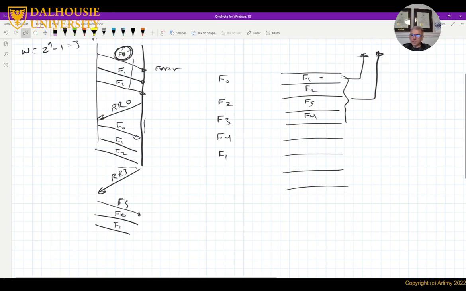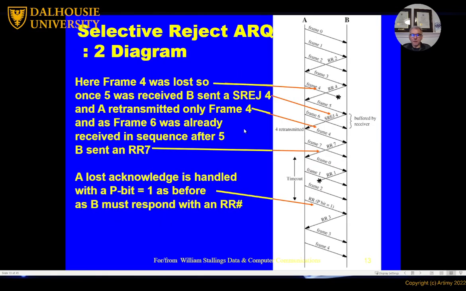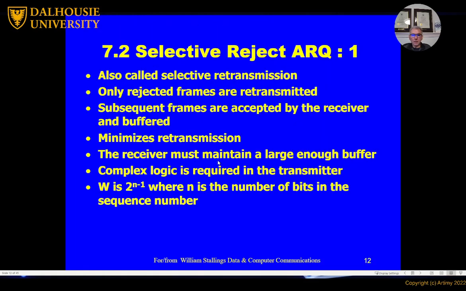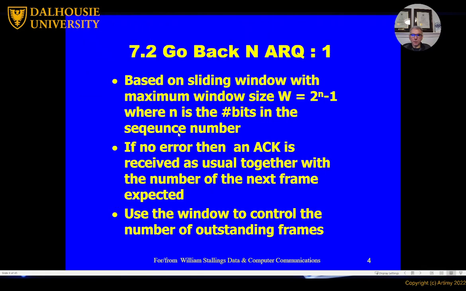There's also another issue with the selective reject technique, which is that the window size has to be smaller. Compare the window size here. If n is the number of bits that are used for the sequence number, for go back N we saw that W has to be 2 to the power n minus 1.